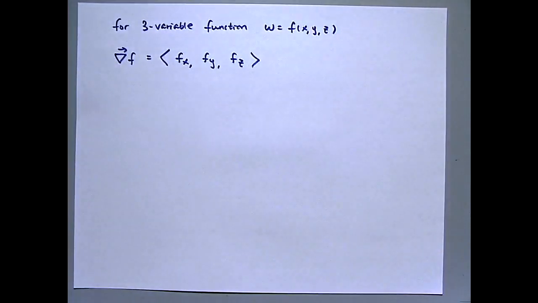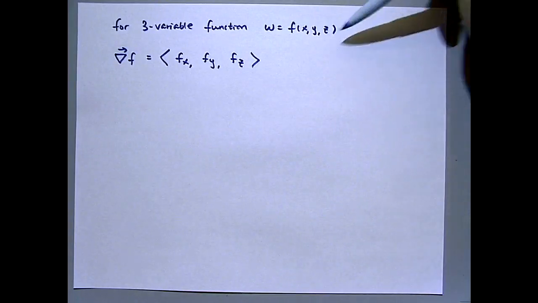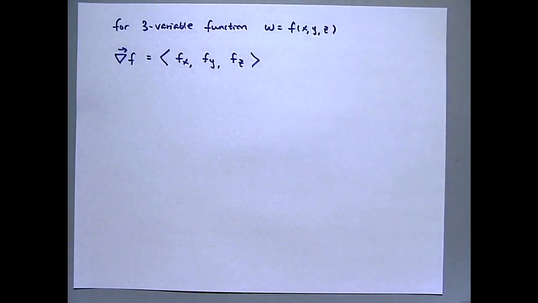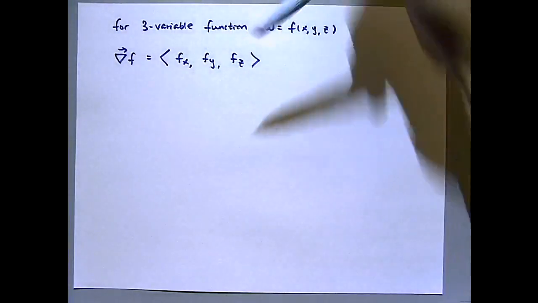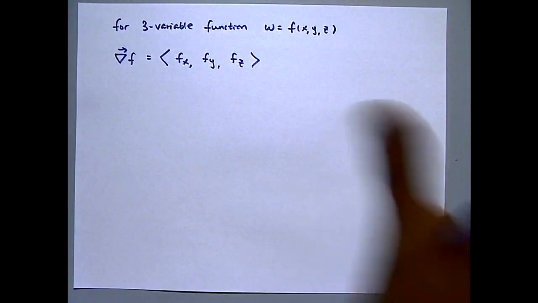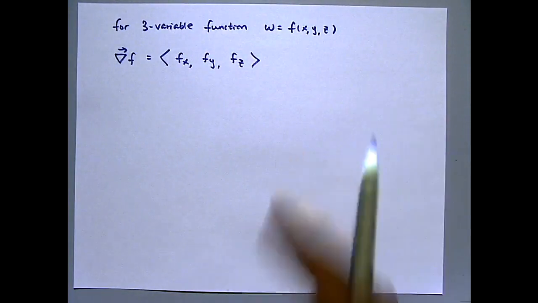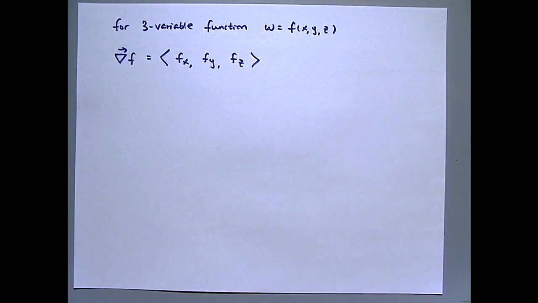Now this vector will have 3 dimensions. A 3-variable surface is a 4-dimensional thing, and the gradient vector is a 3-dimensional vector, fx, fy, fz. A 4-variable function, you just keep adding components to it, so the gradient vector gets longer and longer for higher dimensions. We can no longer picture what it looks like, but mathematically we could do all of that stuff.